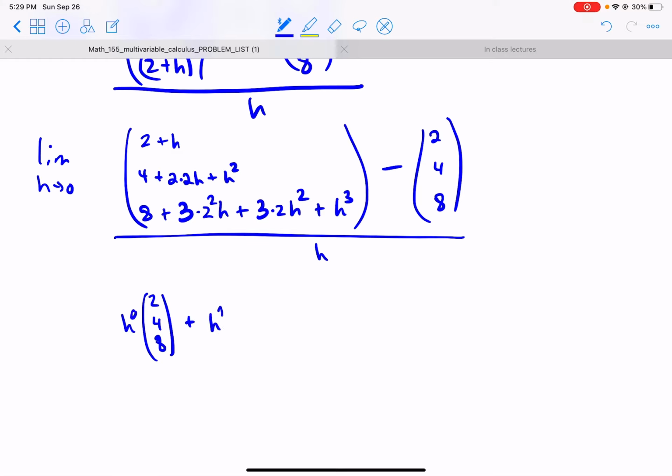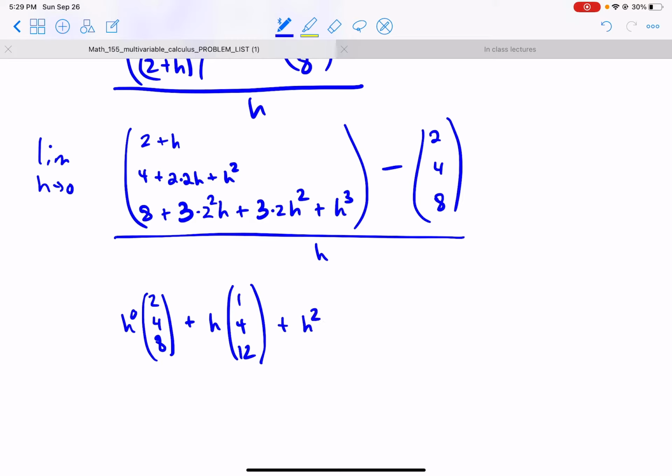Now h to the 1, h to the 1 times what? Well, I have a 1 there. Here I have a 4h to the 1. Here I have a 2 squared is 4, 3 times 4 is 12. So I have a 12h to the 1.